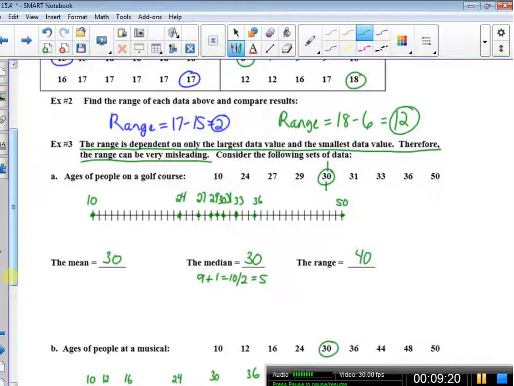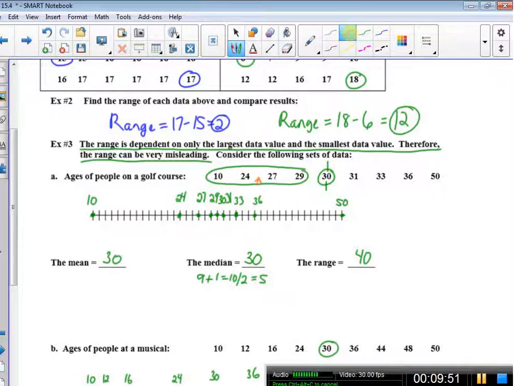And you want to find the third quartile and the first quartile. You need to take the remaining 4 pieces of data and find the median of that. So the first quartile would be right here between 24 and 27. I'm sorry, the median of this set of data, or quartile 1. So we're trying to take this data and divide it into fourths.